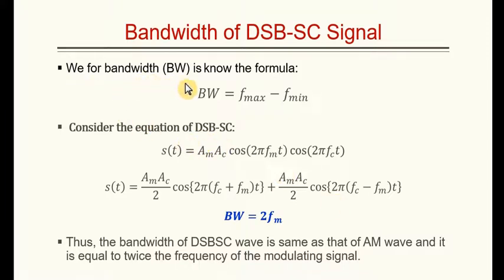For bandwidth, we know that the formula is f maximum minus f minimum. Consider the equations of double sideband now: s(t) is equal to Am cosine 2 pi fm t into cosine 2 pi fc t.